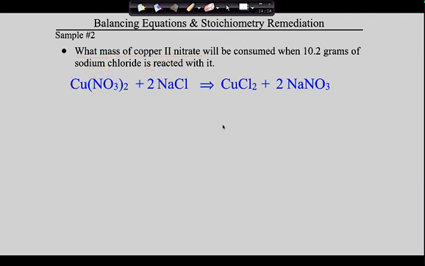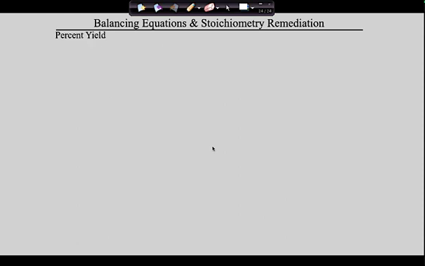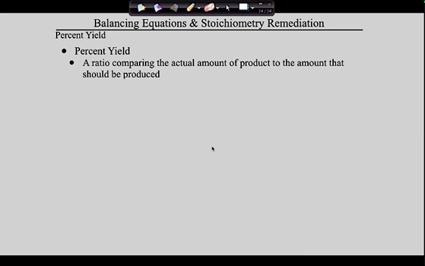Now we're ready to take this idea of mass problems, and we're ready to incorporate it into a bigger process called percent yield. Percent yield is actually the way for us to represent how well we did when we carry out a chemical reaction. Chemical reactions produce products, and as a chemist, what we want to do is collect as much product as we possibly can.